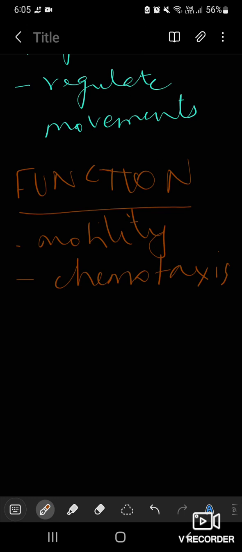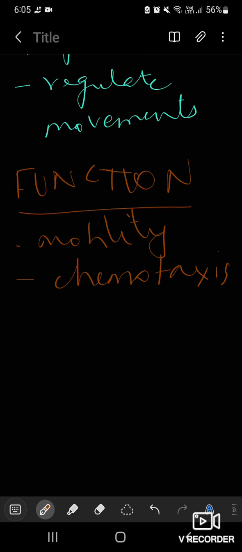Like how we have learnt about osmosis in our lower classes, movement of particles from higher to lower region, or higher to lower concentration, I would say, in the direction of the gradient, right?